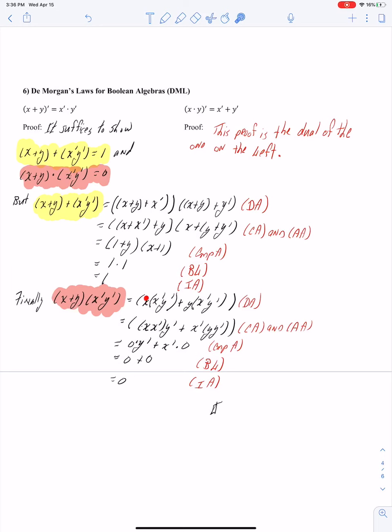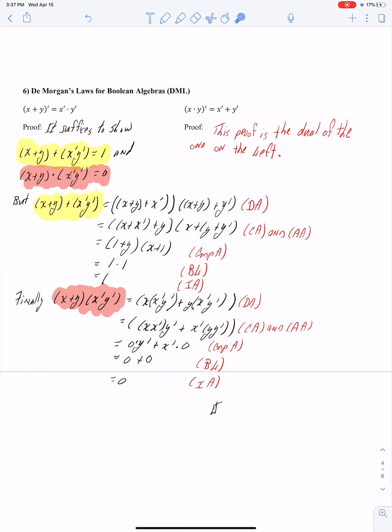Okay, and now I'm here. What can I do? And the answer is I can use the associative axiom and the commutative axiom to move things around and regroup them, reassociate them. So I can combine the x dot x prime, what's left is y prime, and I can combine the y dot y prime, and what's left is x prime. But what is x dot x prime by the complement axiom?